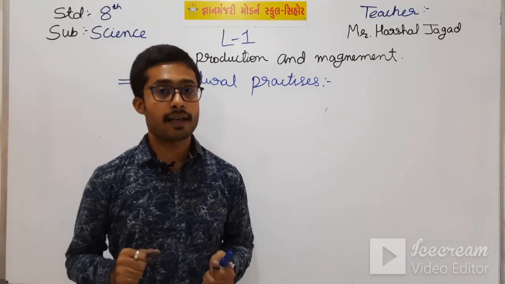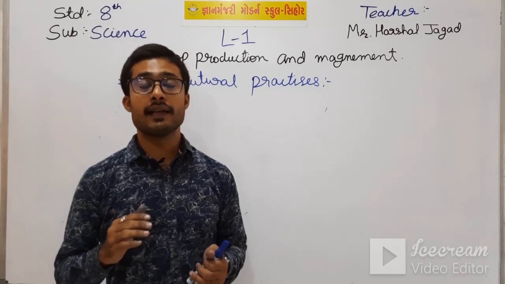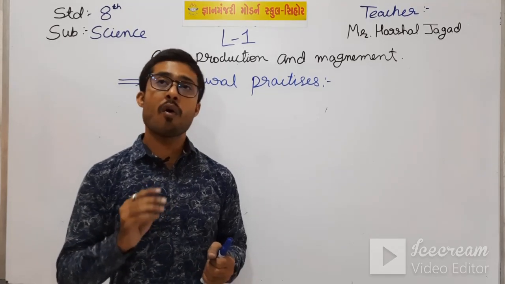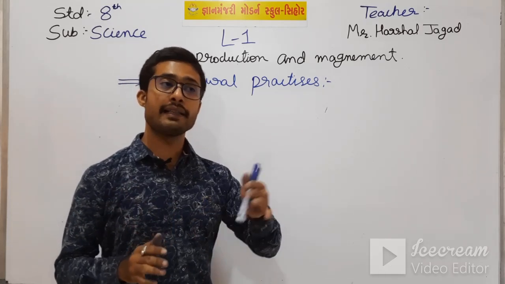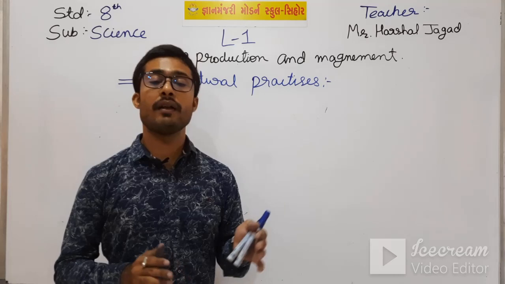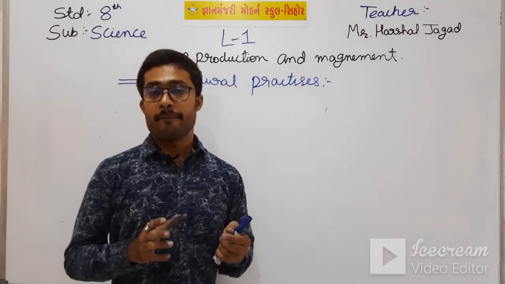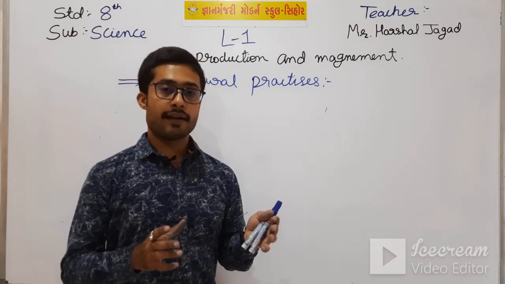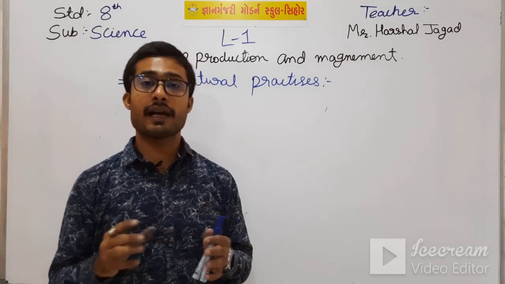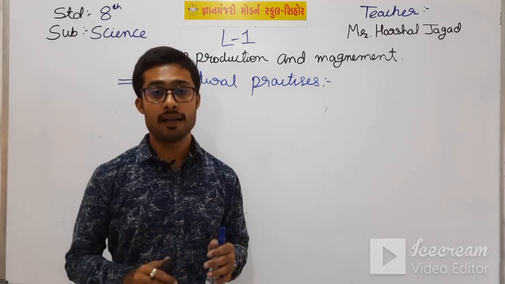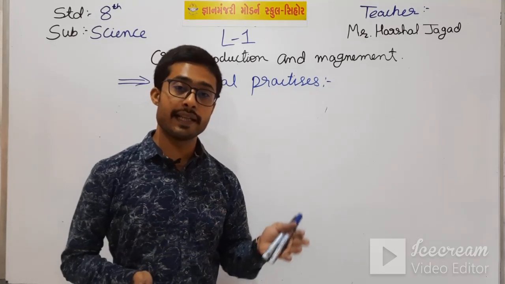So, what are fertilizers? Fertilizers can be defined as one or more nutrients that are added for the plants. These are called fertilizers. So the nutrients which are not in the soil are added externally to it.